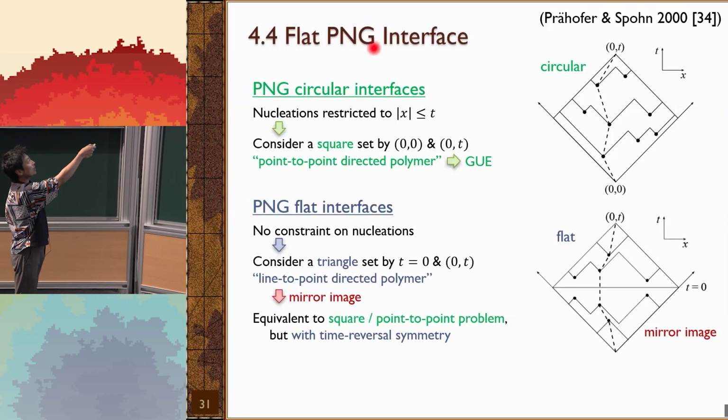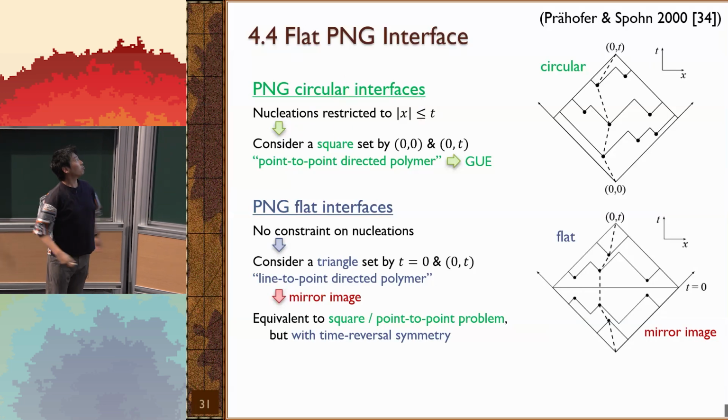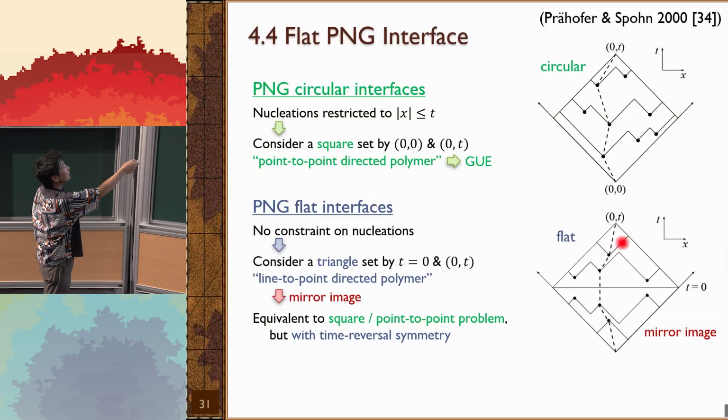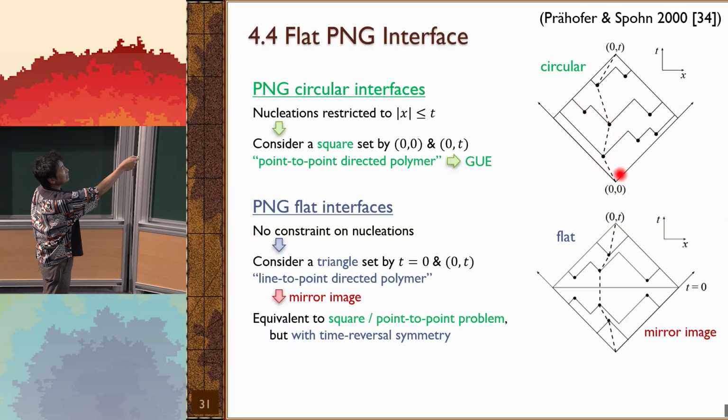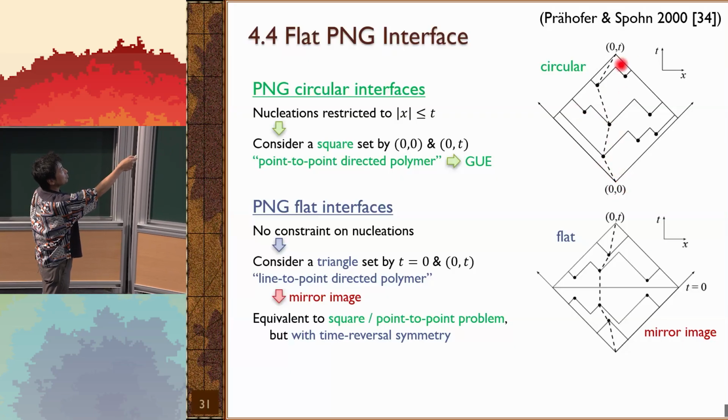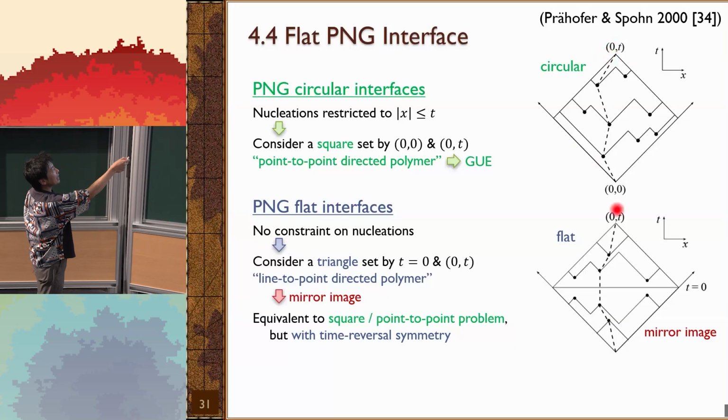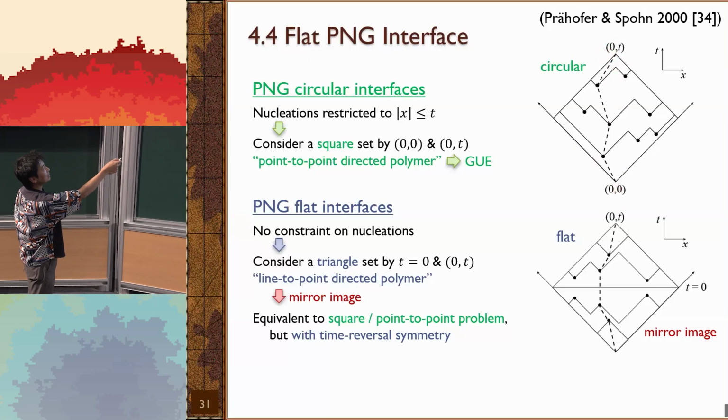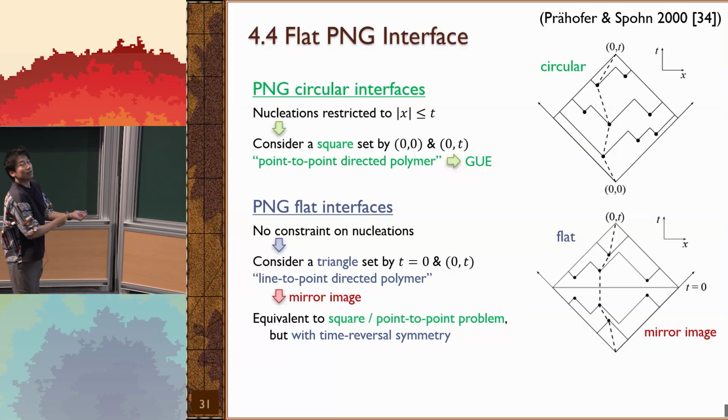When we considered circular interfaces, curved interfaces in this model, it can be mapped in the space-time plot to a certain directed polymer problem, and this polymer problem is point to point. The two ends were fixed at some specific locations, and then we got GUE Tracy-Widom distribution.